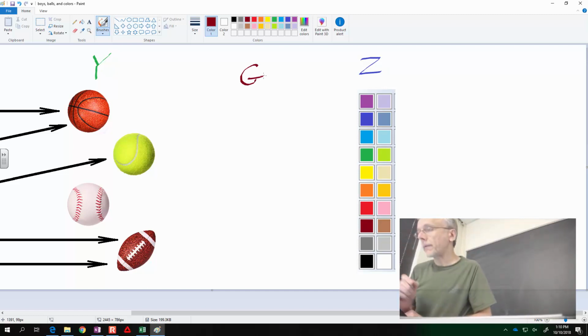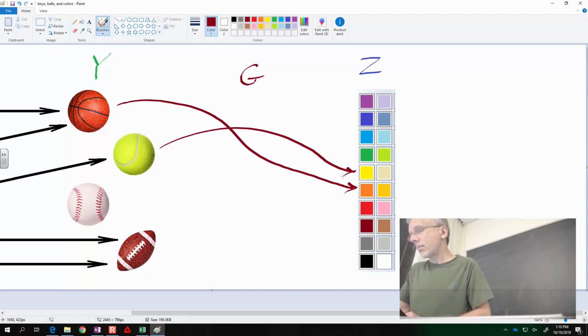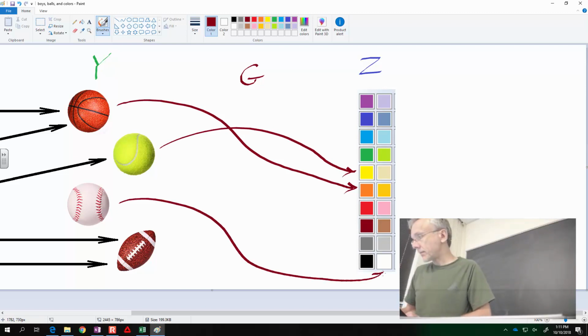So the first one is orange. Well, maybe this one. Orange. Okay. Yellow. White is here, and the brown. Maybe this one.